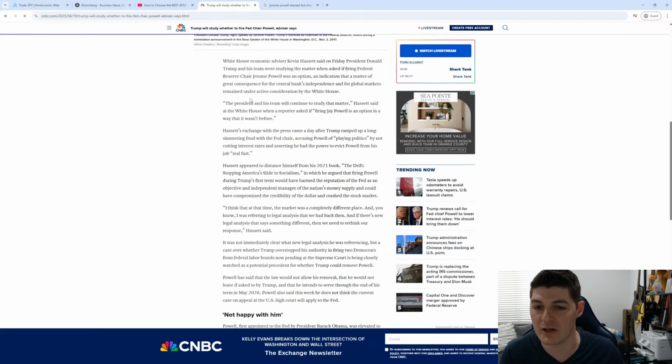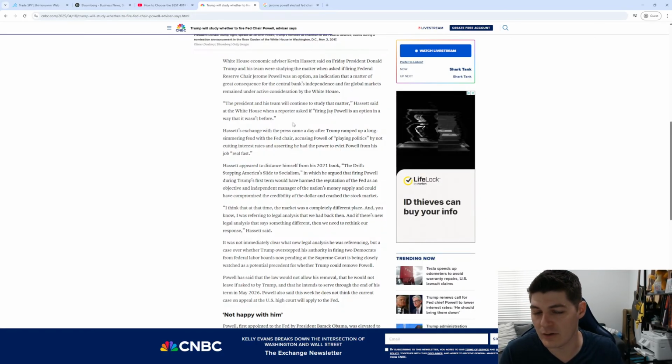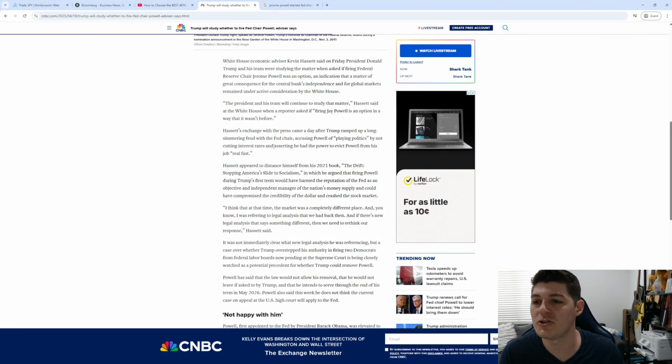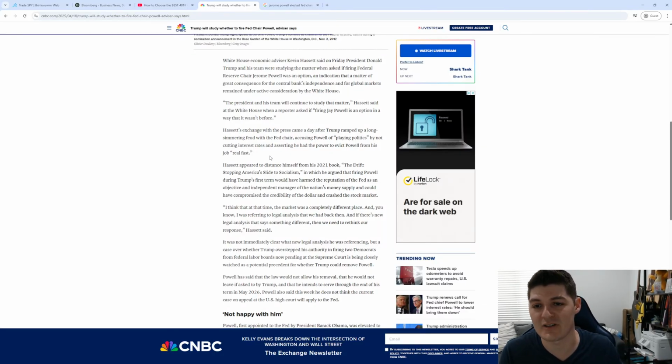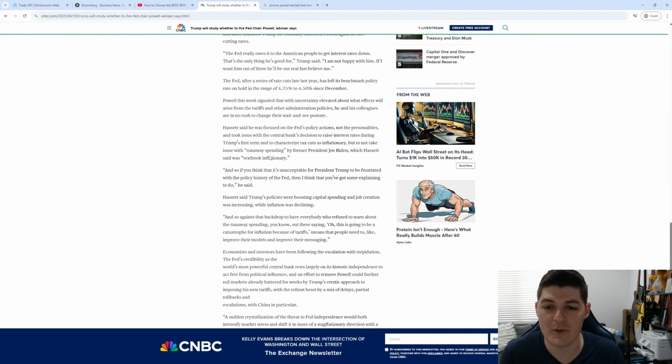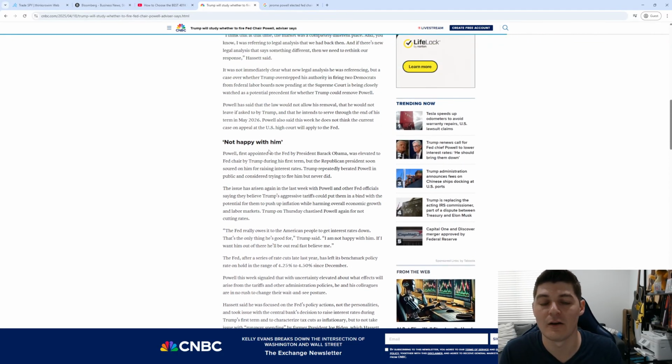The market generally knows what Jerome Powell is going to do in terms of interest rates, and they generally know his view on the economy, and he's generally pretty dovish. He has a bias towards lowering interest rates. However, he's not lowering them right now, and I think that's for a good reason, but Trump is not happy about this. So Trump is looking into potentially firing Jerome Powell and replacing him with someone else.